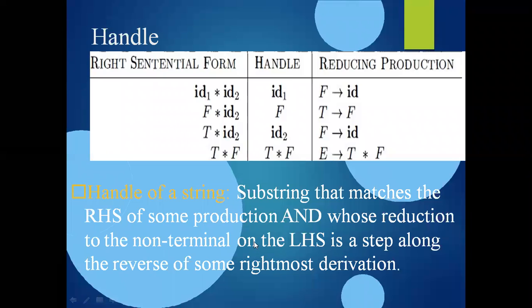By using the terms handle and reduce, and showing how to handle and how to reduce in a table representation, it is very clear, because even with a lengthy string we can easily handle the substrings and easily reduce them by the given context free grammar, right?